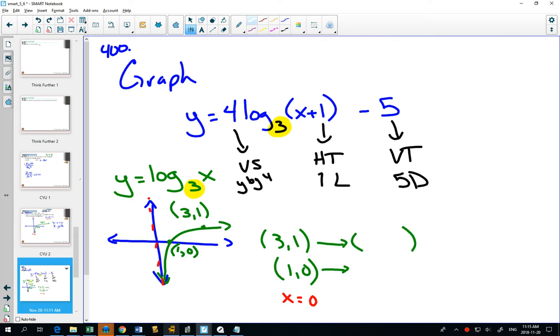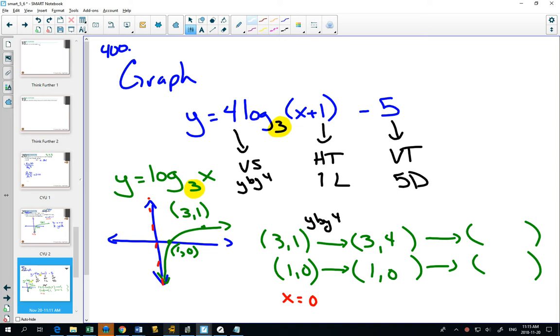We do stretches and compressions first, then translations. So the only stretch we have is y by 4. So we'll have the point (3, 4) and still (1, 0). And then translations-wise, we've got 1 to the left and 5 down.